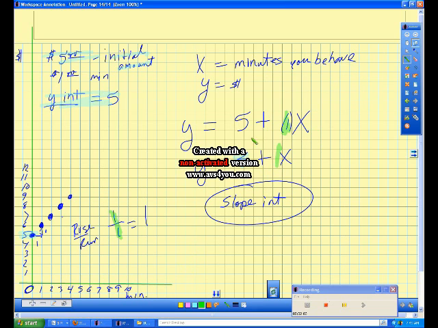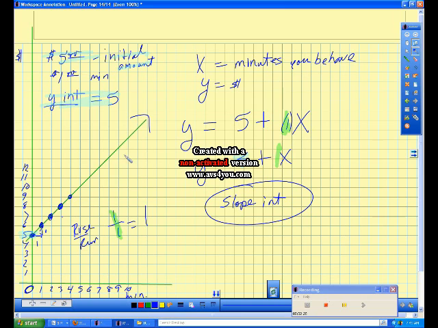So I have actually taken this data and written it in the format of an equation and in a graph. Depending on how I decide to pay you, we might connect the dots or we might not, because I might decide, well, I'll pay you for every half of a minute, or we can certainly have a fraction of a dollar, because we could have $5.50, so the values in between 5 and 6 are possible.